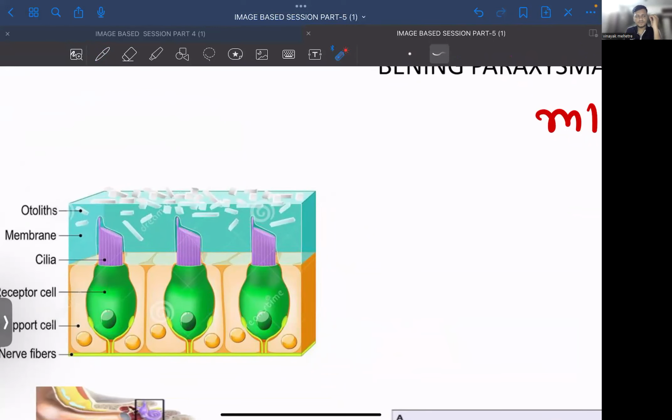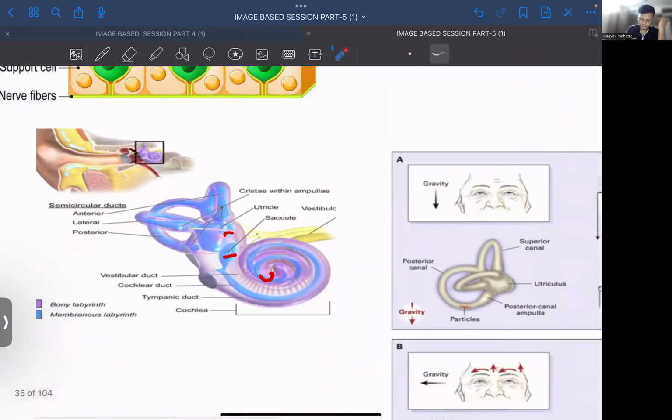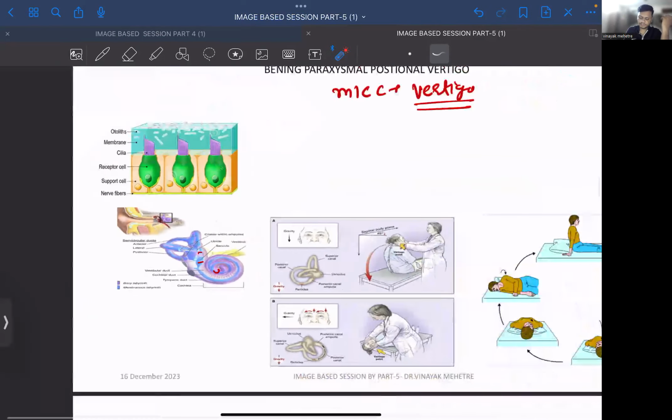By some chance, these otoliths from the saccule, utricle, and vestibule come into the semicircular canal. Semi means half. As soon as these particles come into the semicircular canal, the patient will have vertigo.